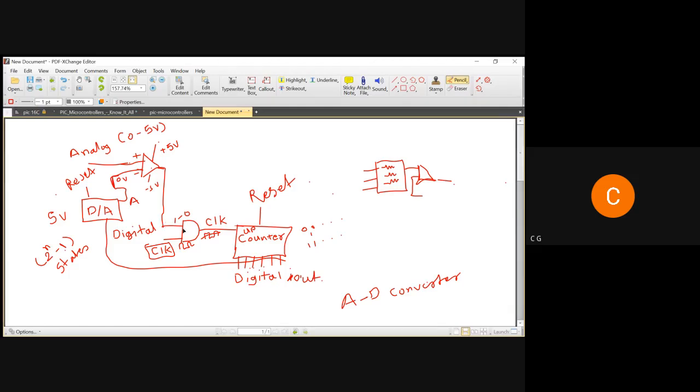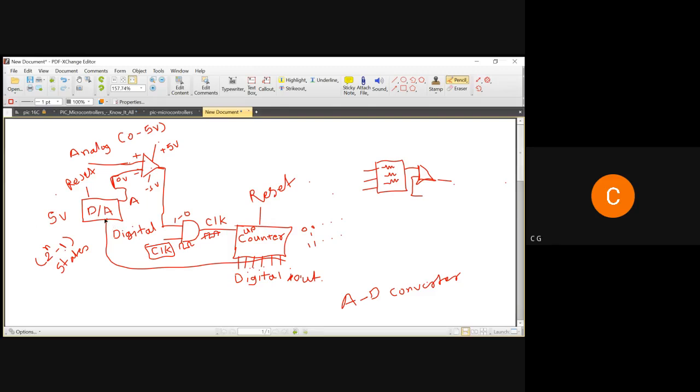That is being taken as a digital input by the AND gate, either 1 or 0, and it will enable or disable the clock pulse. So this is acting like a switch, depending upon the status of the op amp. The clock is coming here, the counter is starting from 00 to 111, and this same data is given to the D to A converter on the scale of 5 volt.